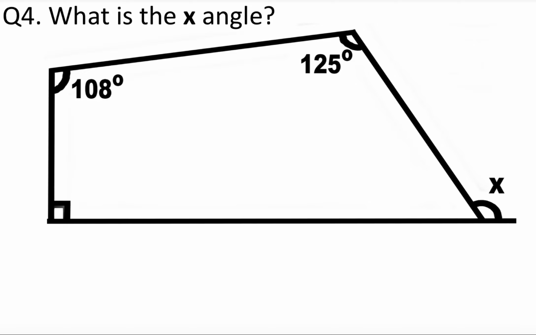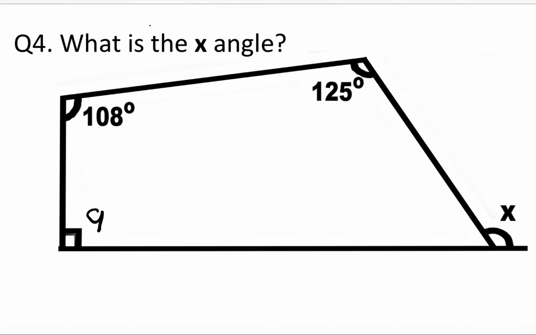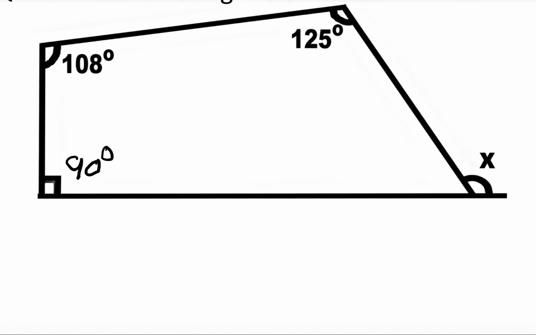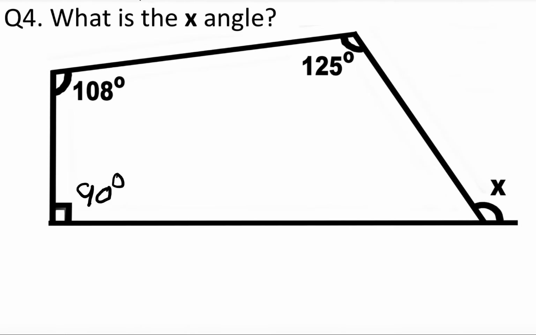So we need to look at what we've got. We've got 180 degrees, 125 degrees. We've got a right angle in here. We know what that means: that's 90 degrees. So we've got a bit more information there.